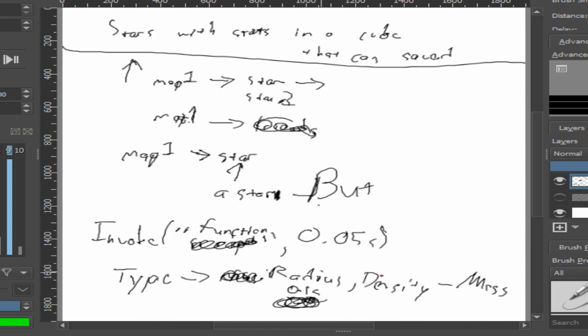So what this does, and this is so foolish, it says, okay, we'll let you run your type, but then after 0.06 seconds, we're gonna take the type of the star that you're supposed to be and just introduce it to yours. We literally change that type variable in that script.